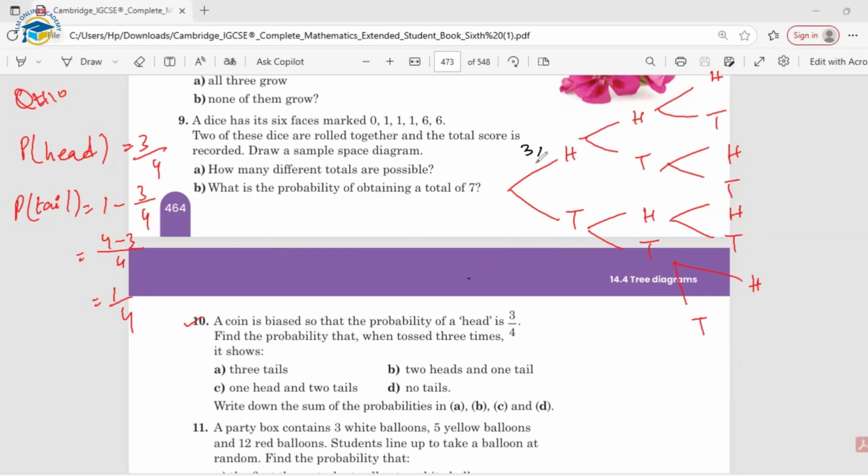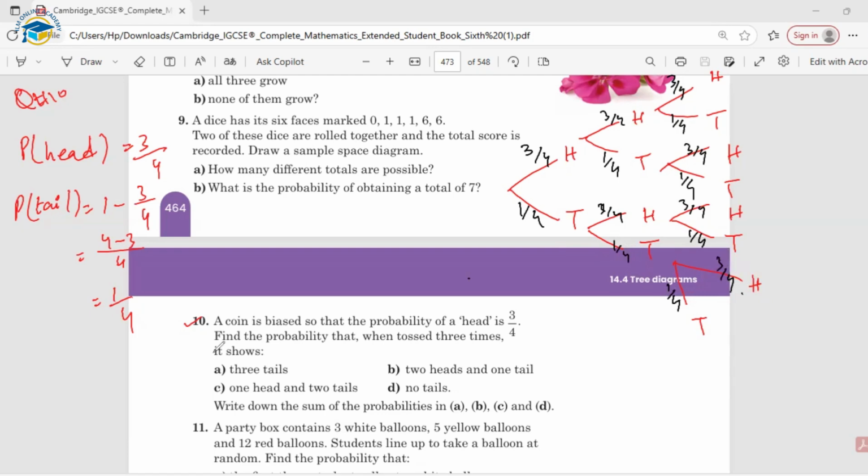So head 3 over 4, tail 1 over 4. 3 over 4, 3 over 4, 1 over 4, 1 over 4, 3 over 4, 1 over 4. Head is 3 over 4, 3 over 4, 1 over 4, 1 over 4, 1 over 4, 3 over 4. Okay. Tree diagram is done.